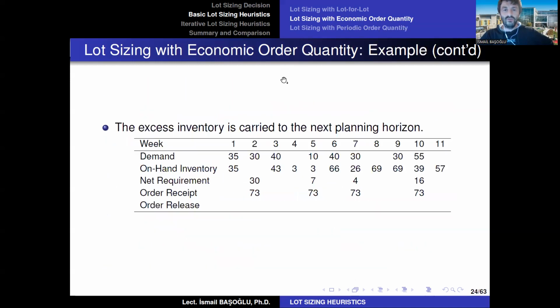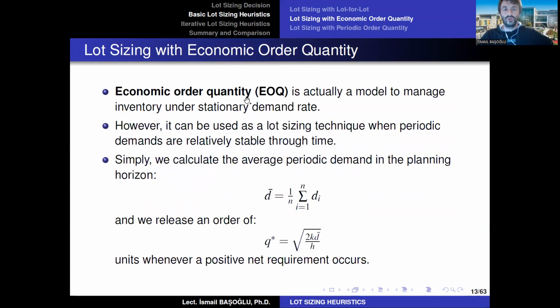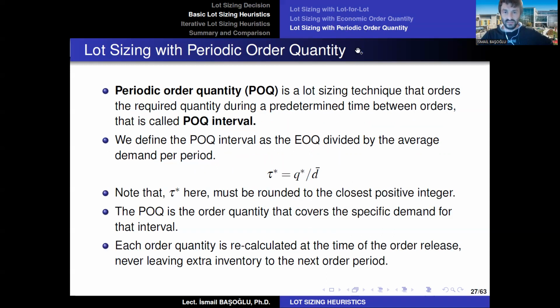So remember, when we are making a lot sizing decision based on the economic order quantity heuristic, we first determine the average demand per period, and based on this average demand, we determine the economic order quantity. Up to this point, these two heuristics are the same.